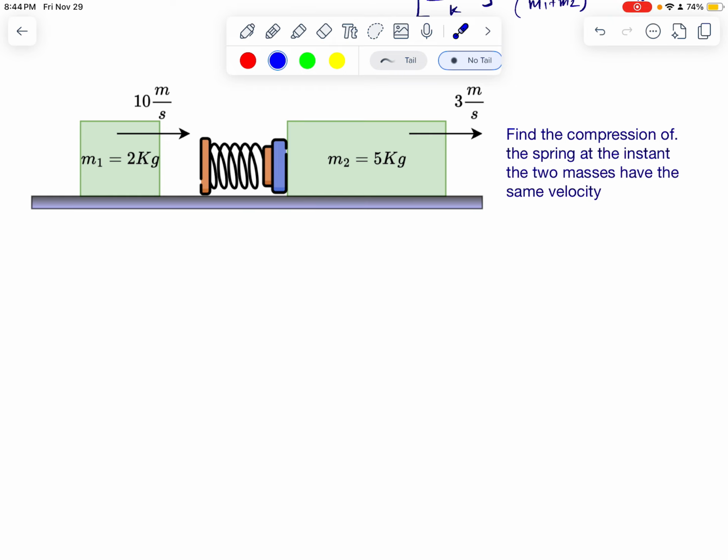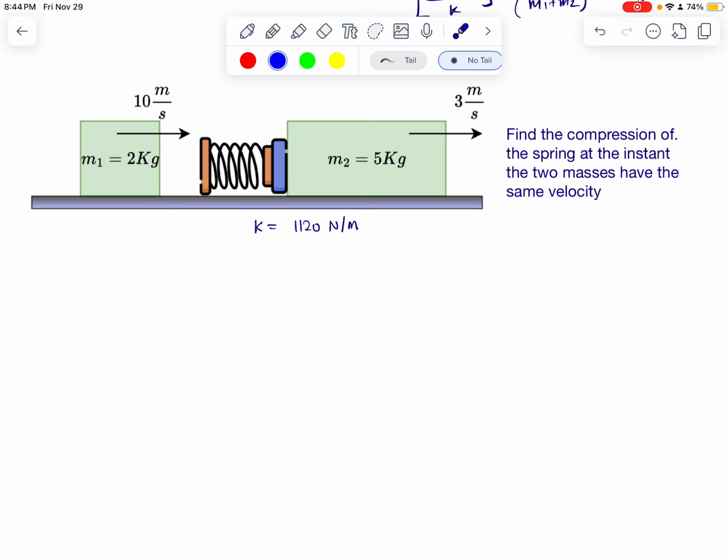The first block is moving at a speed of 10 meters per second, the second block at 5 meters per second. The spring constant here, which I didn't mention, equals 1120 newtons per meter. We want to find the compression of the spring at the instant the two masses have the same velocity.